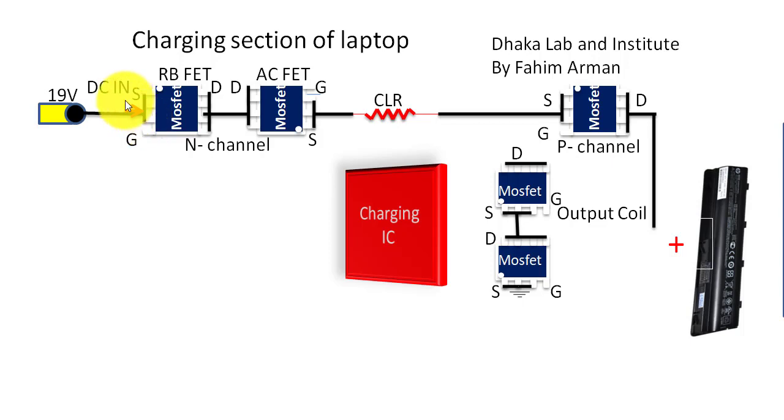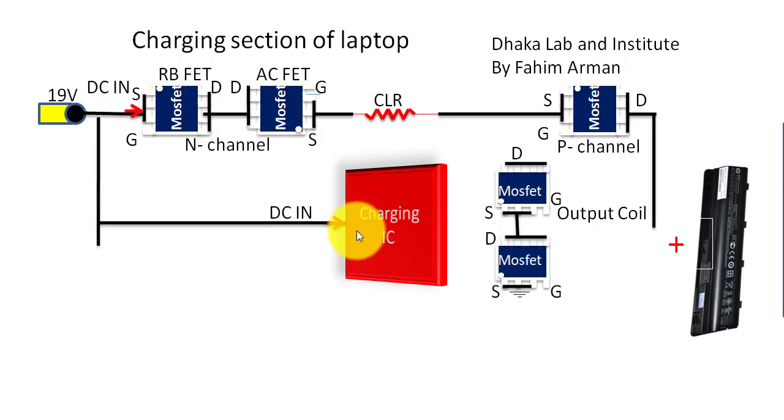And here this 19 volt DC will also enter into the charging IC at the pin named DC in, and from that voltage there will also be AC in, with somewhat less voltage, which will enter into the charging IC.